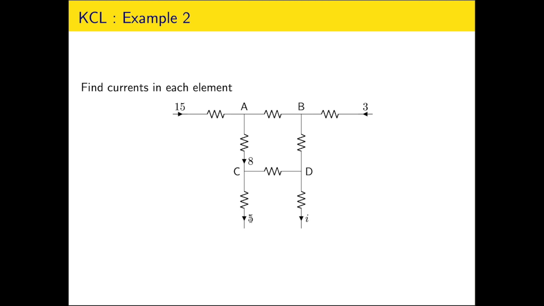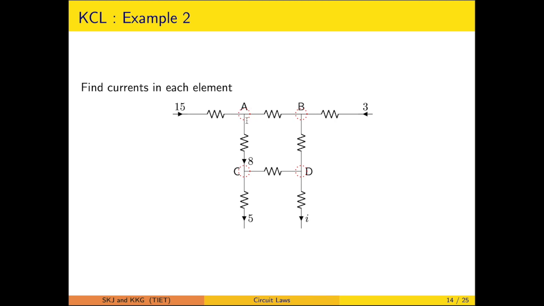If only this particular current had to be calculated, then we would have used a bigger boundary and calculated the current I. However, when it is to be calculated in each element, we identify the junctions and write the equations. These junctions are marked A, B, C and D.